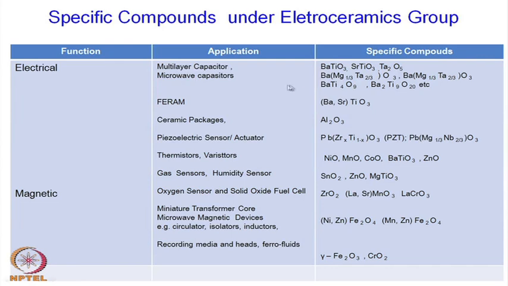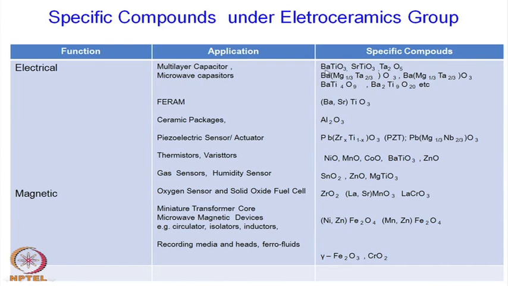Now, if you are talking about microwave capacitors, they need another very important property, because the energy loss at very high frequencies like microwaves should not be very high. That means their dielectric loss must be very low, and the higher the frequency, that is a very critical parameter to be considered.